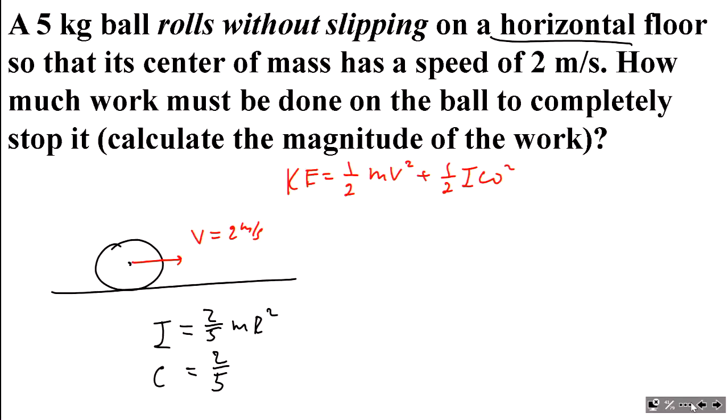And from the first look, it seems we may be missing some important information. We know the mass, okay. We know the speed. And that immediately gives the kinetic energy for translational motion. But we don't know I. And if we try to calculate it, we don't know the radius.